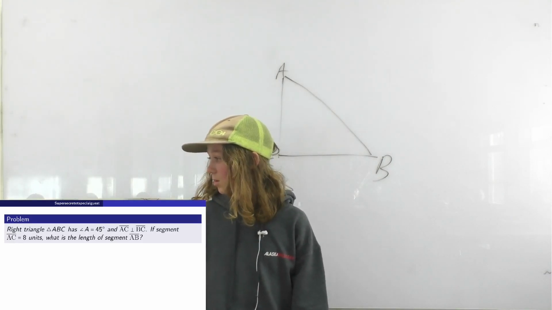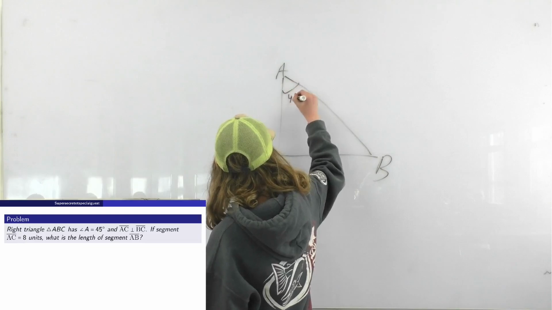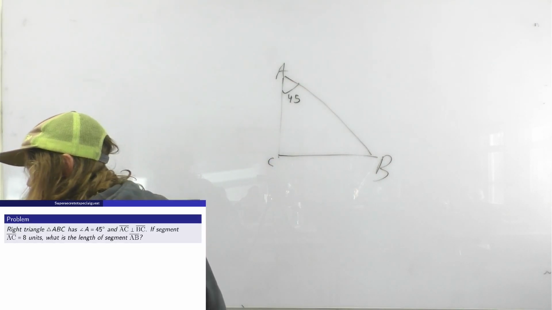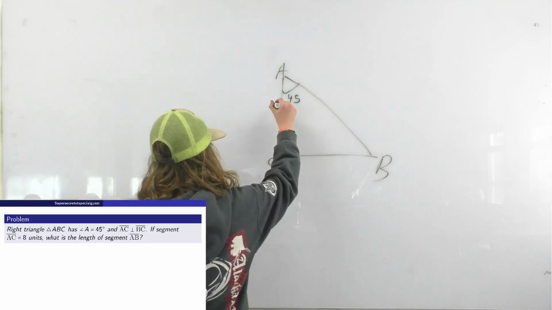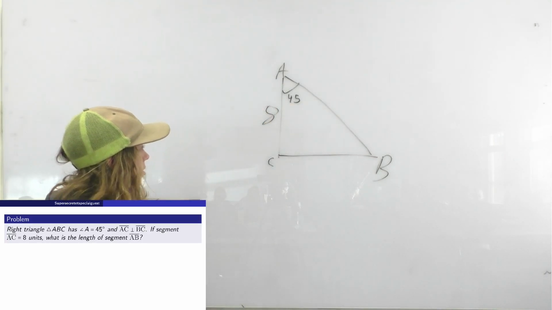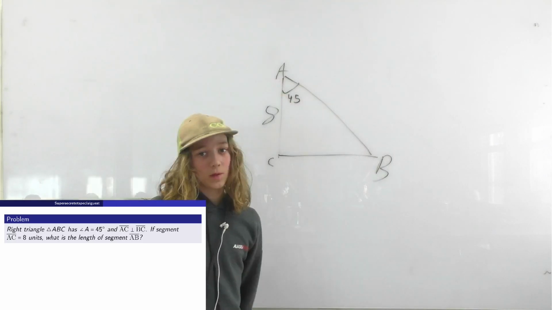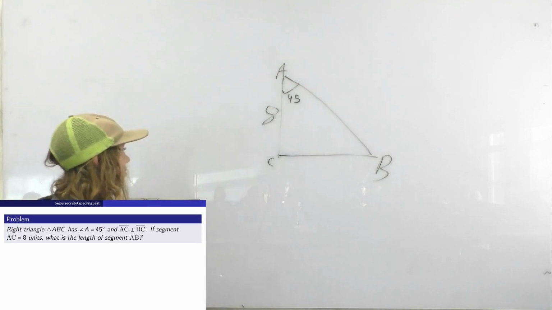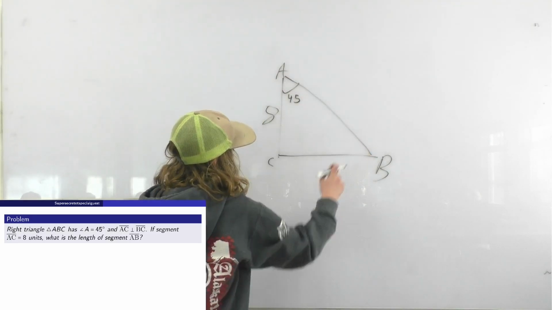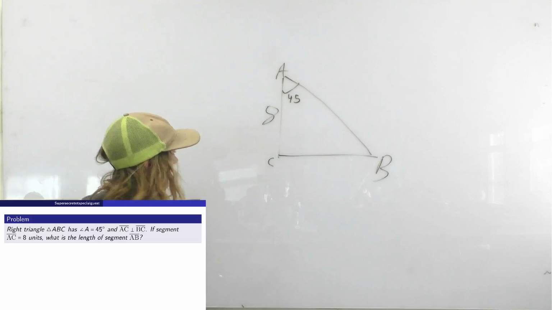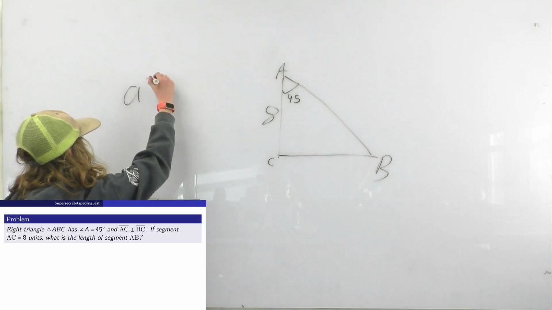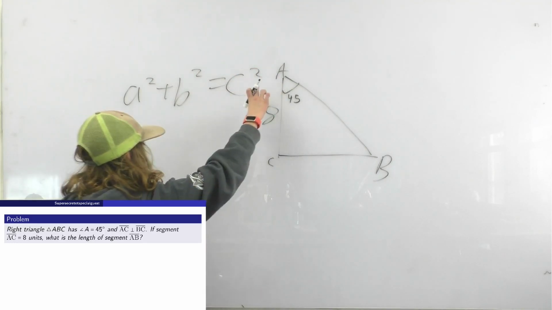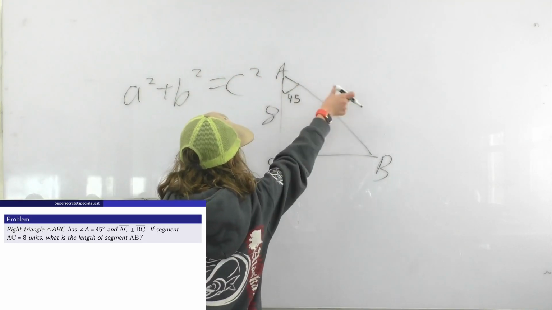It gives us that angle A is 45 degrees, and that AC is 8. So we're trying to find AB, which is called the hypotenuse, the longer side. We can use the Pythagorean theorem, which is a squared plus b squared equals c squared, with a being this side, b being this side, and c being this side.